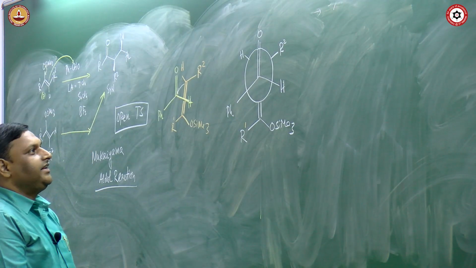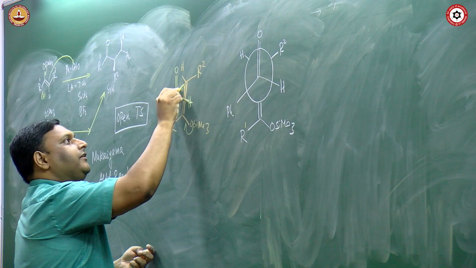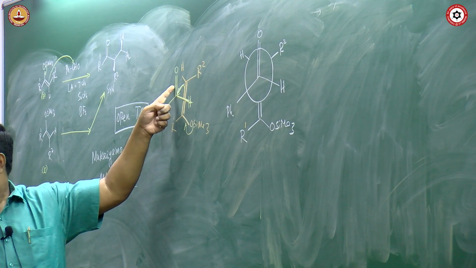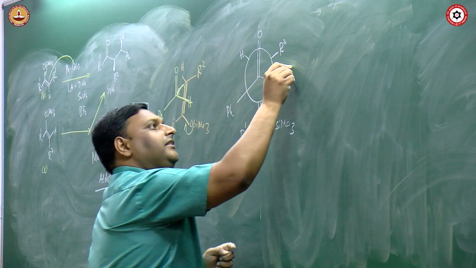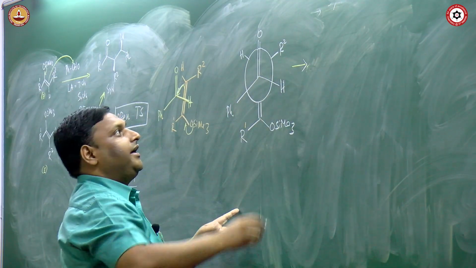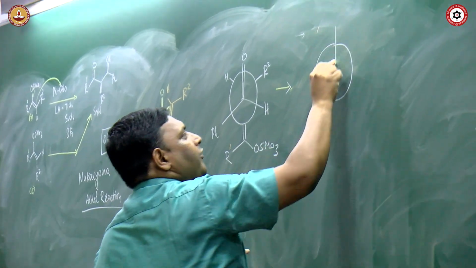Now the reaction happens, this goes and then this reacts. So when it reacts, this becomes an OH. This becomes an OH, correct?